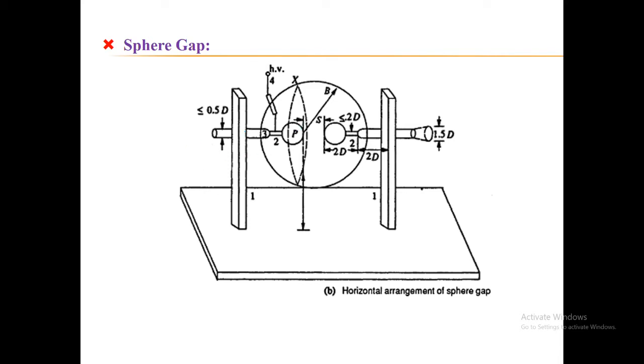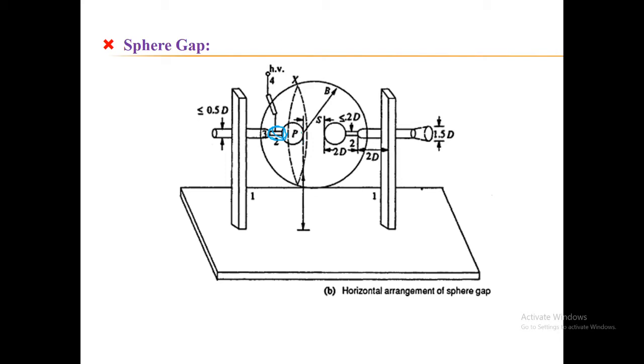So when I am giving the higher voltage magnitude, electromechanical forces are generated, and these electromechanical forces will cause the vibration of either the metallic shank or the insulating shank, at which we have provided the support to this high voltage sphere.